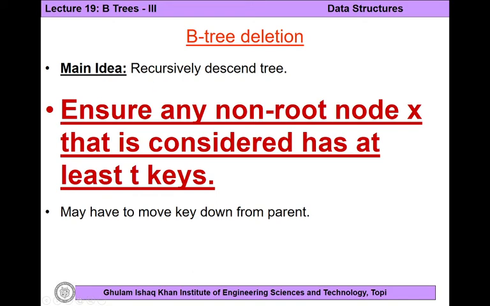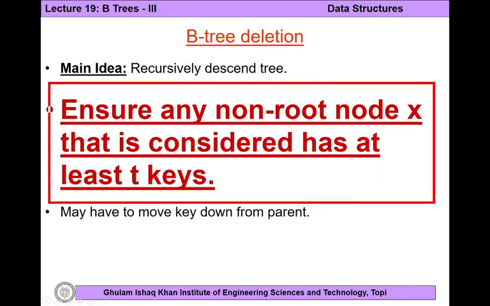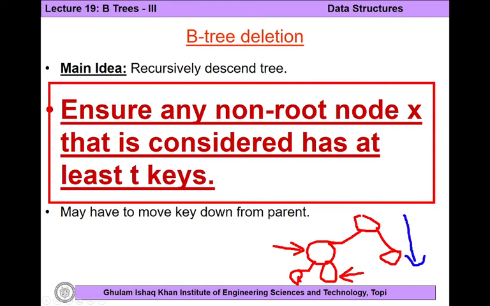Now, when we perform deletion, this task is very important, that we need to ensure that while we search for a key in a B tree, because we will be going from root down and then maybe to the leaf, right? And we may find the key to be deleted in this node, or maybe we find the key to be deleted in this node, but in any case we will be going from top to down.